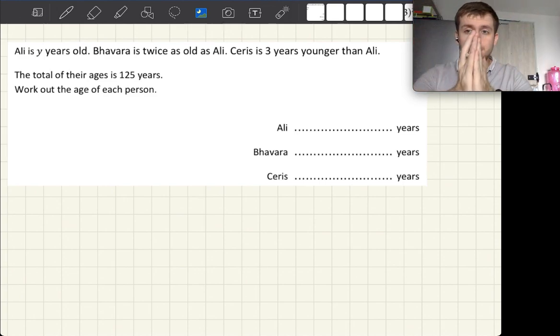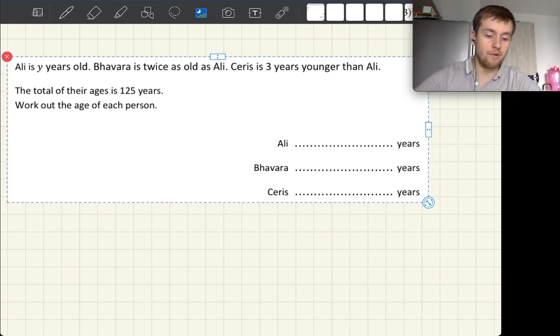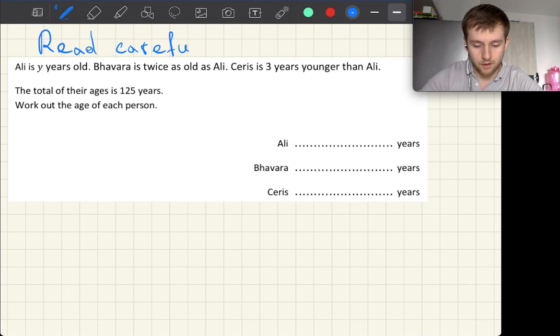The first and most important hint for word problems is to read them carefully, please. Don't skip anything. Try to find some keywords. That's the key to solving the word problem.